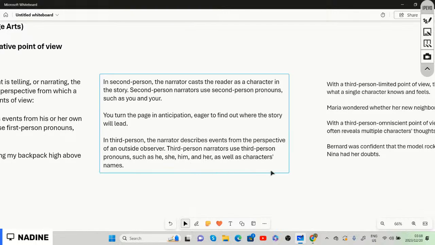Third person narrators use third person pronouns, and third person pronouns are he, she, him, and her. And sometimes they even use the character's name, instead of just using pronouns.